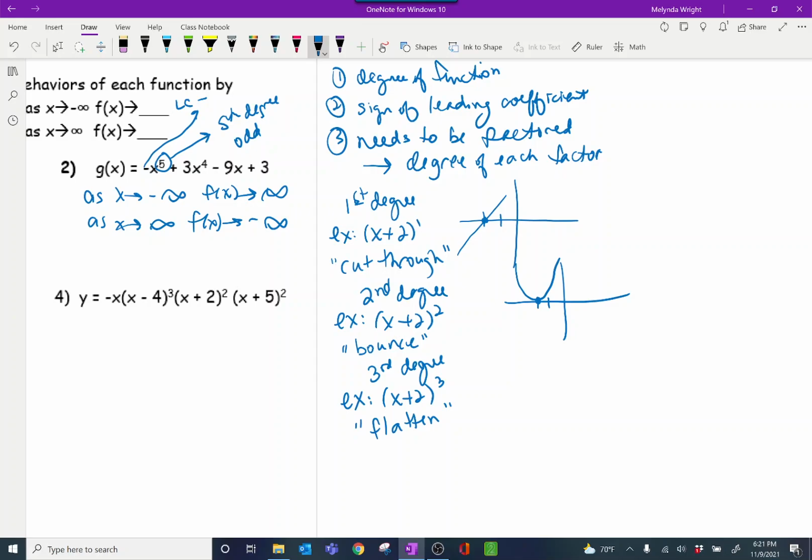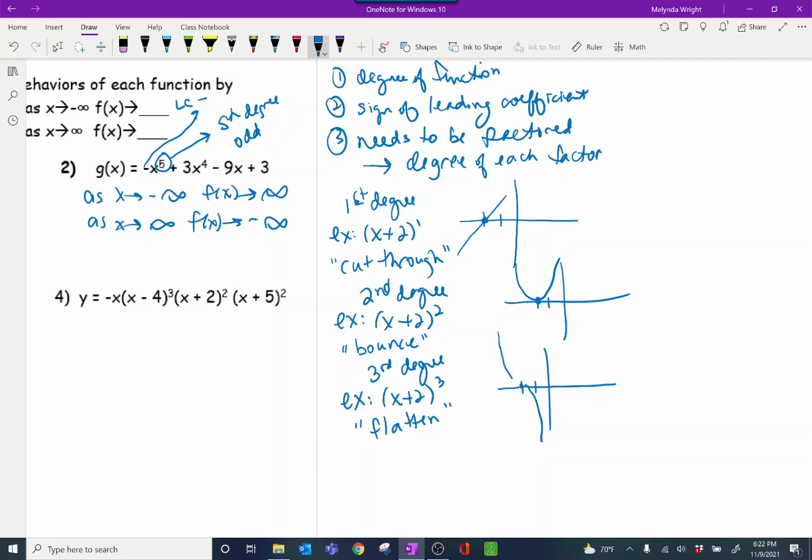It's kind of flat at the 0. So we're going to go over here at -2 again, and so what happens, it comes in, it kind of flattens out, and then it goes. Let me see if I can draw that better. So it comes in and flattens out.